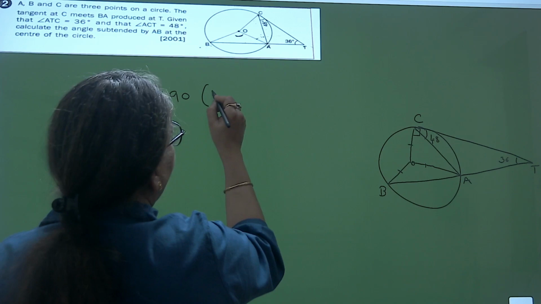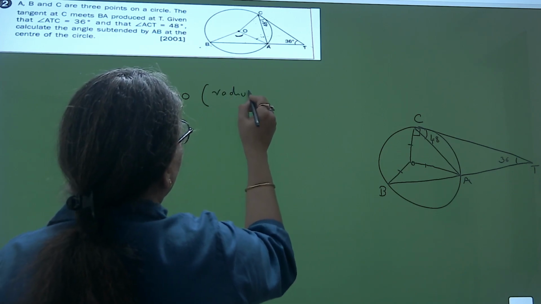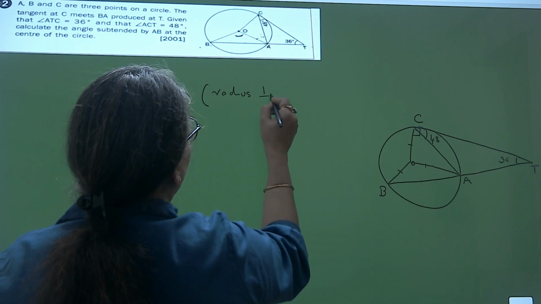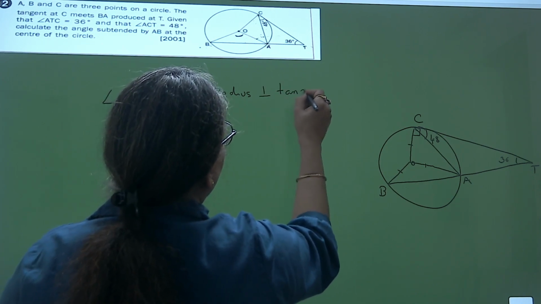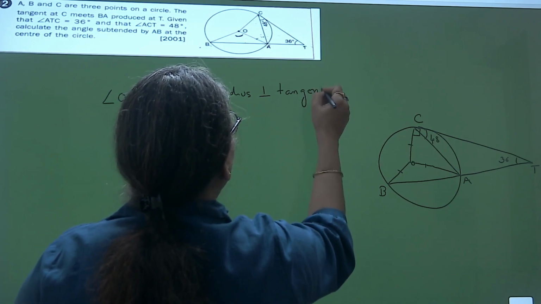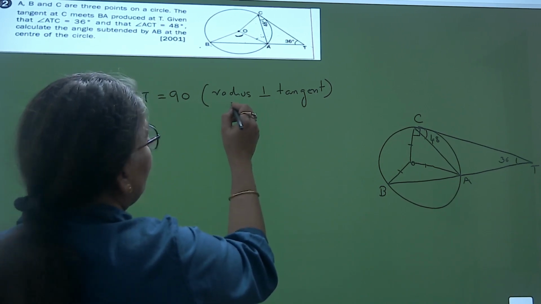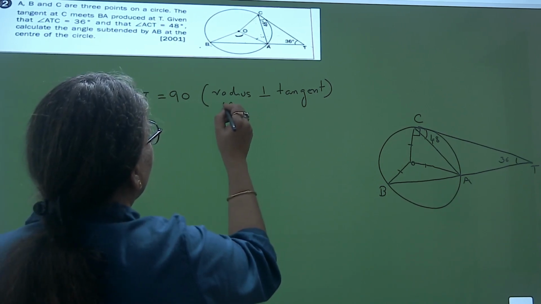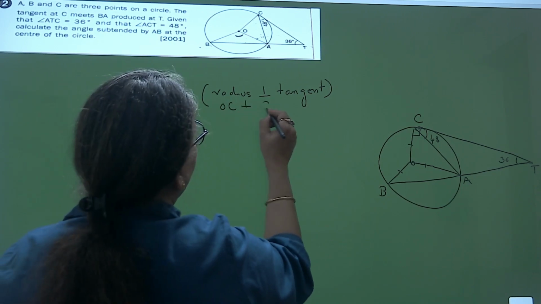So here we can write radius is perpendicular to the tangent. OC is perpendicular to CT.